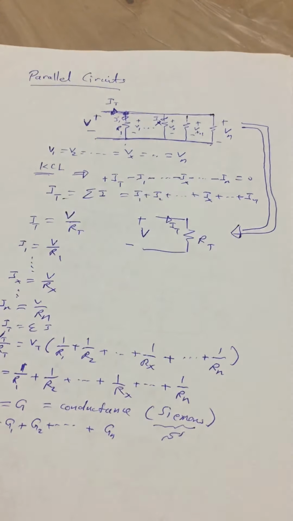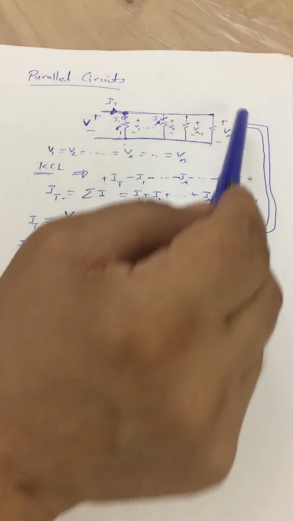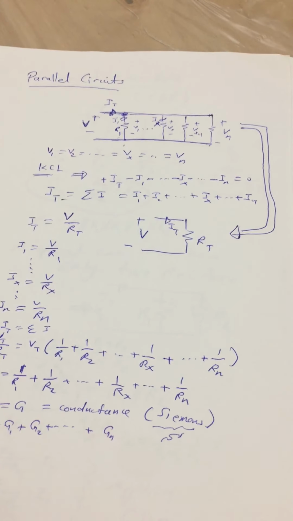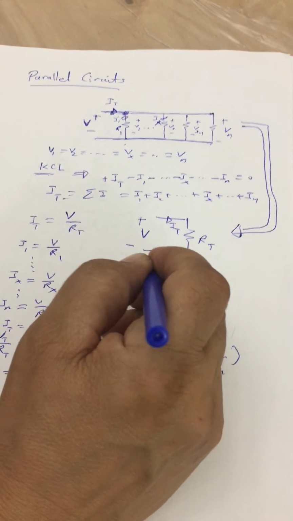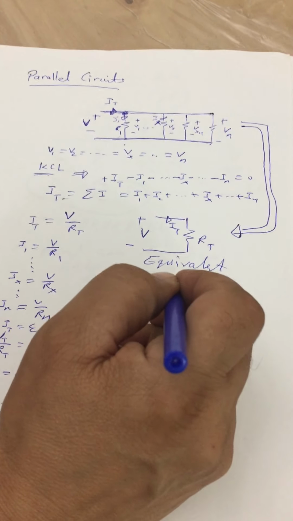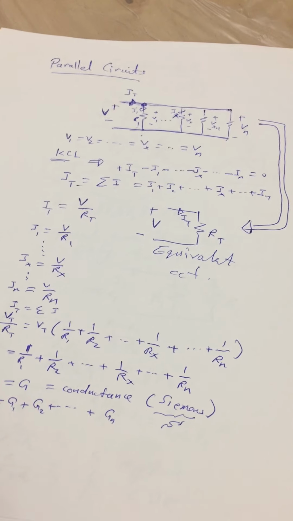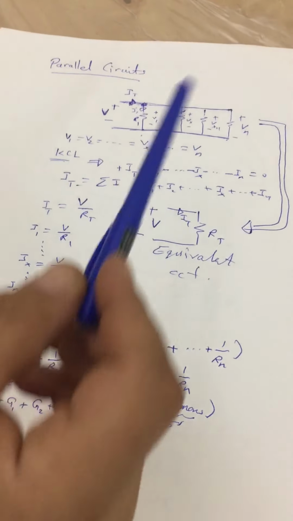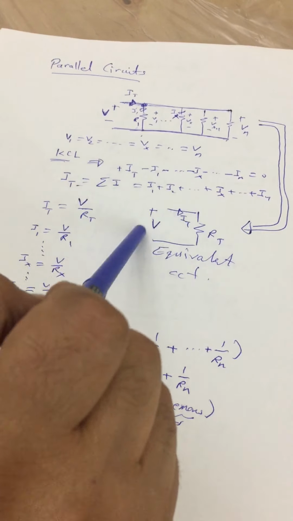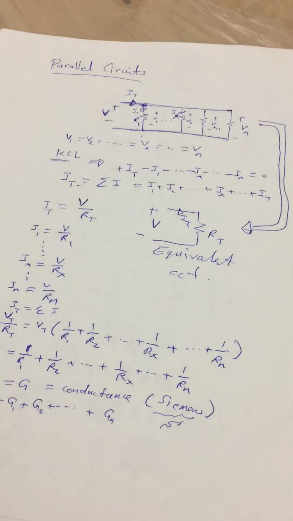through all these resistors. Now we transform this circuit to an equivalent circuit. This is an equivalent circuit. And on that equivalent circuit, we apply the same voltage here, and we obtain the same current in here.